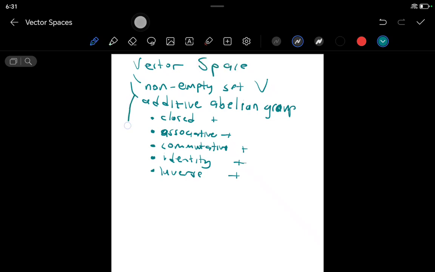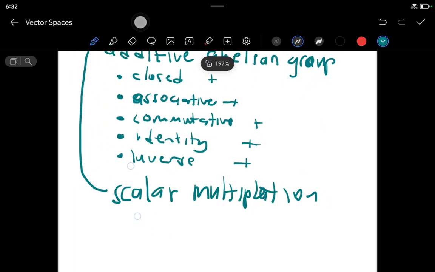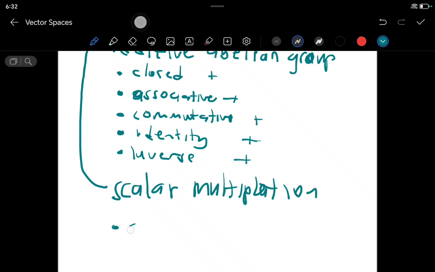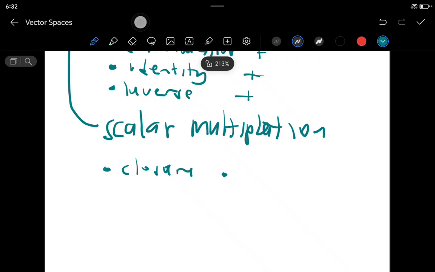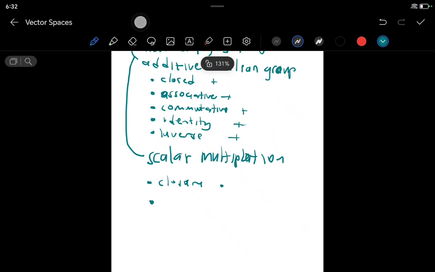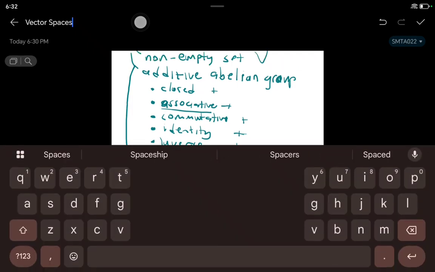Now remember, a vector space is just a combination of an additive abelian group and also a scalar multiplication. A scalar multiplication should also have closure under multiplication.